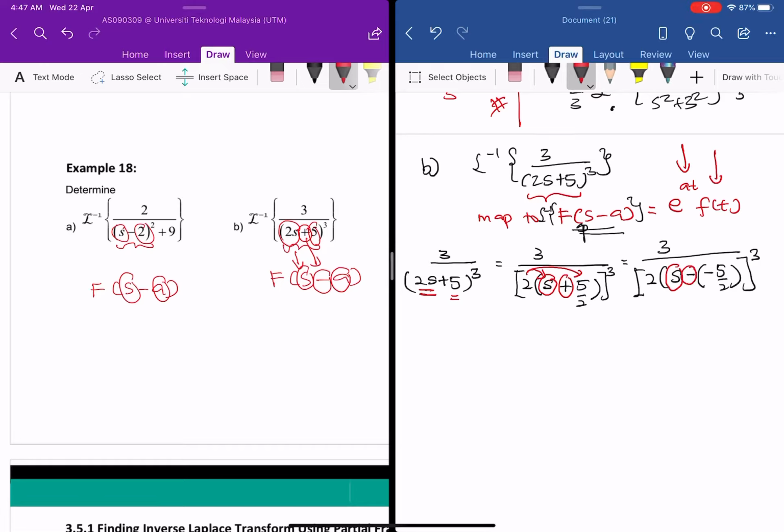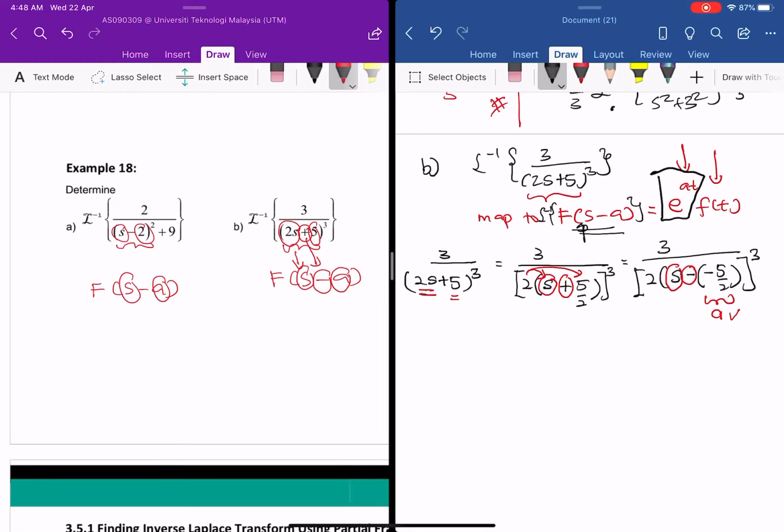Therefore your value for a is here. When you have the value of a, automatically you can obtain this exponential, right? Okay, so now it's okay.